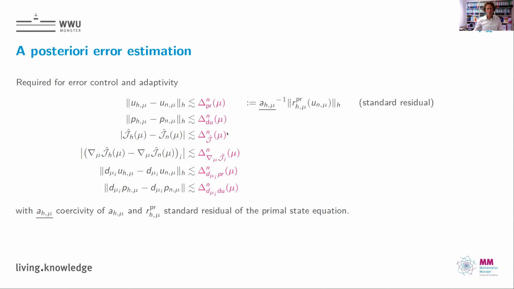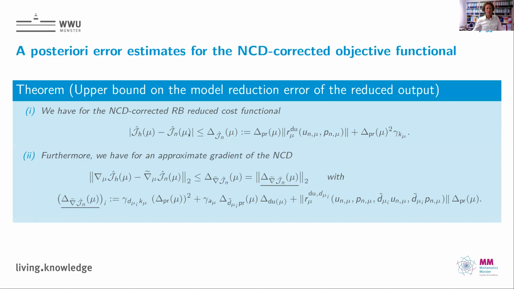I just want to focus now on this a posteriori error estimate for the objective functional. So what you can show then is that in our approach, this error here can be expressed with the a posteriori error estimate of the primal problem with an evaluation of the residual of the dual plus a term where the primal error estimate appears in a square.